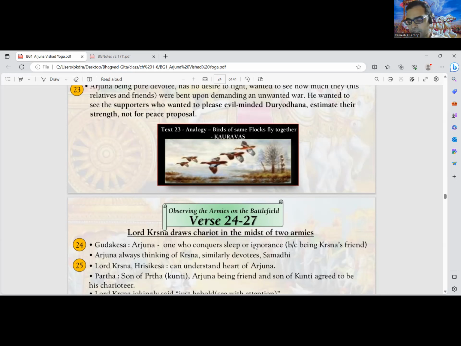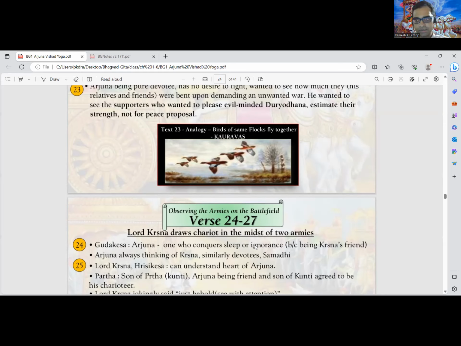In verse 25, Krishna speaks for the first time in chapter 1. After placing the chariot, he says, behold, Arjuna, behold the Kurus. He knows what is happening in Arjuna's heart, because he resides everywhere as Paramatma.